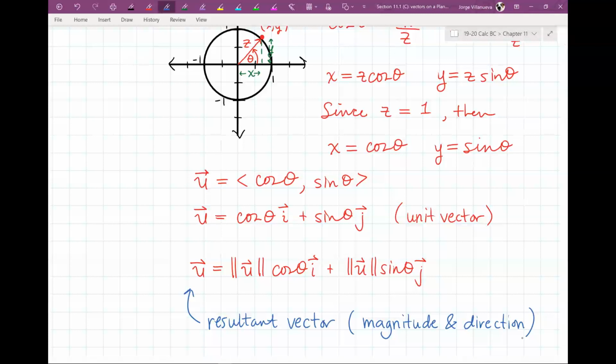So it will give you your magnitude and direction. So that's our resultant vector. Sometimes they'll call that our acceleration vector or our velocity vector, depending on what's happening. If they want you to develop a vector based on a derivative, then you call it the velocity vector. If it's its second derivative, you can call it the acceleration vector, whatever it happens to be.